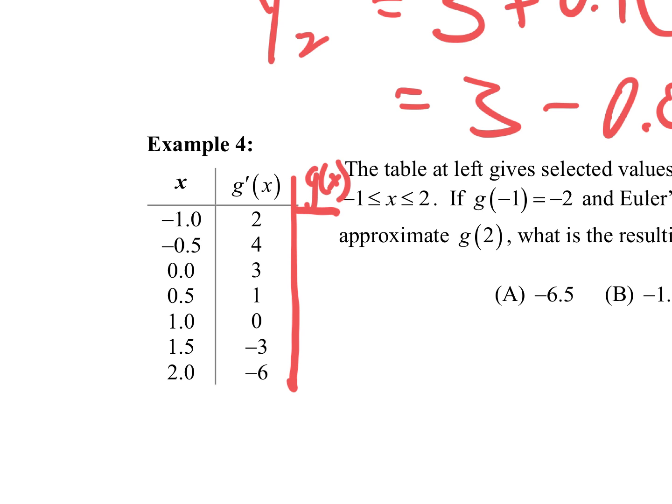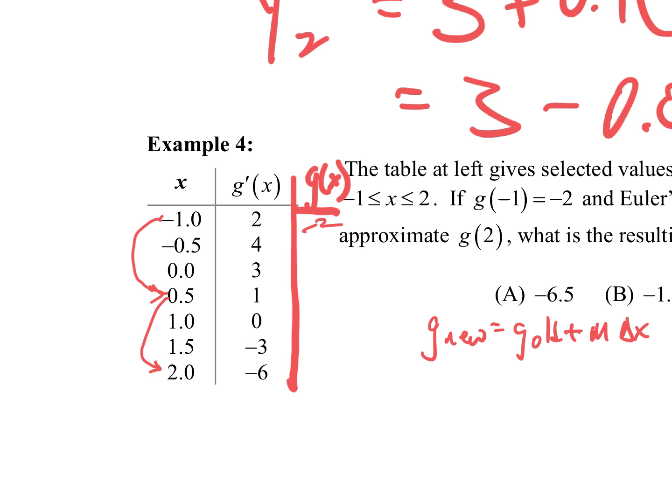Now we've got to watch out. We're going by 1.5s. So we're going to go from -1 to 0.5, and then from 0.5. So we're not going to fill them all in. So we have g new equals g old plus the slope times delta x.